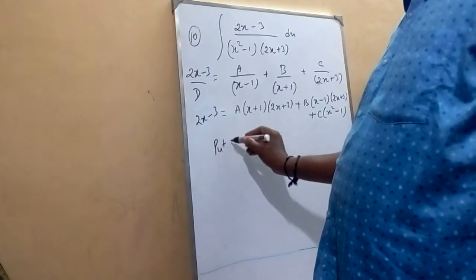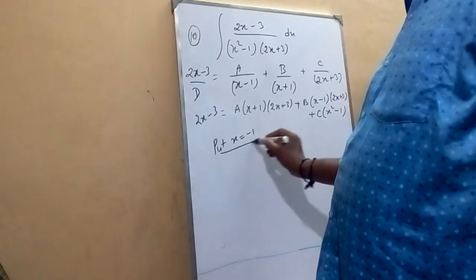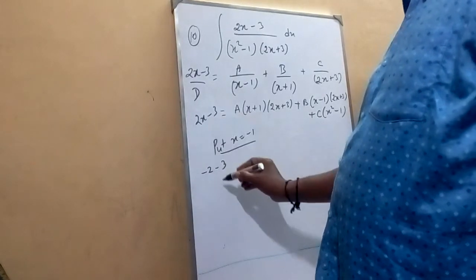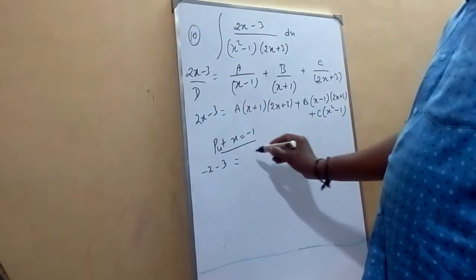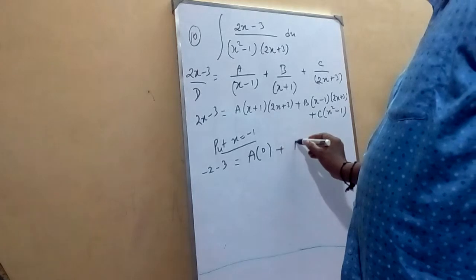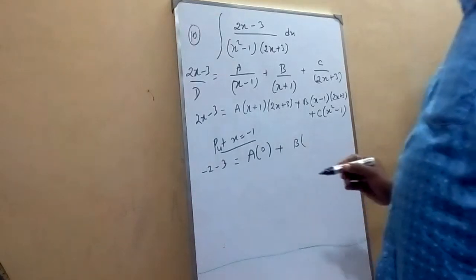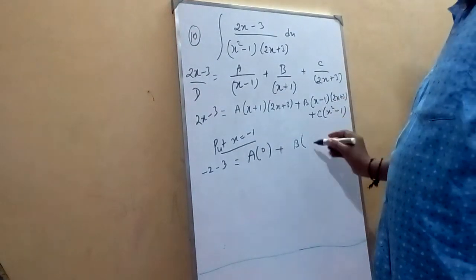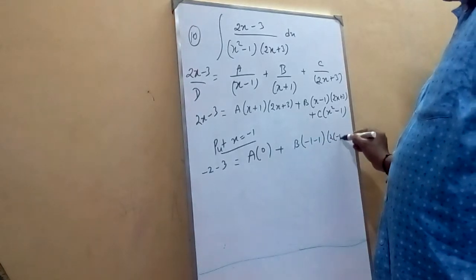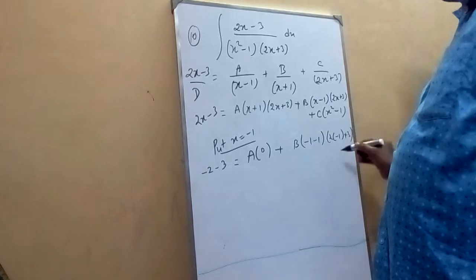Put x equal to minus 1. So minus 2 minus 3, minus 5. And this becomes A into 0, and this becomes B into (x minus 1), so minus 1 minus 1, that is minus 2, into (2 into minus 1 plus 3).